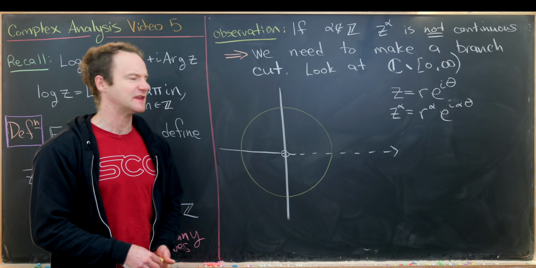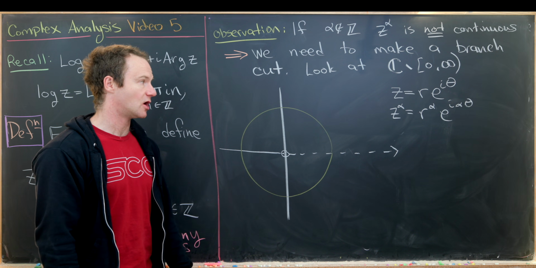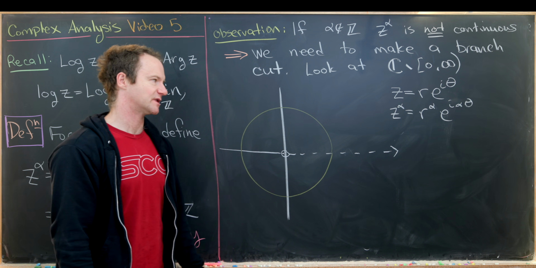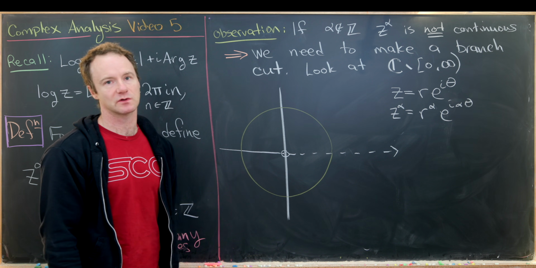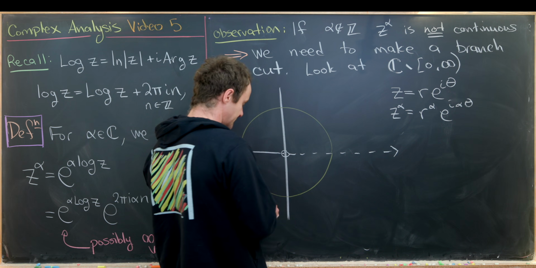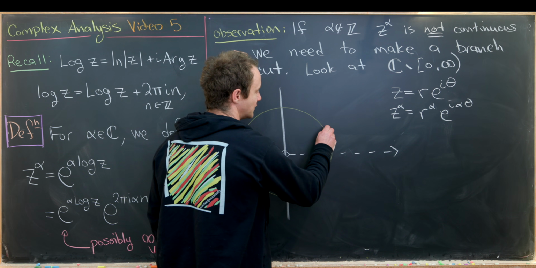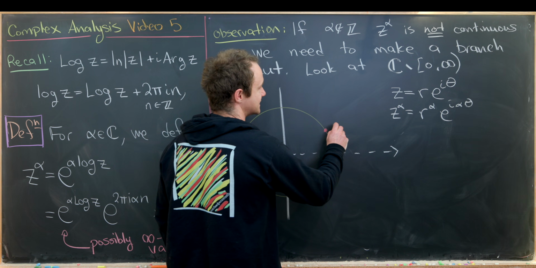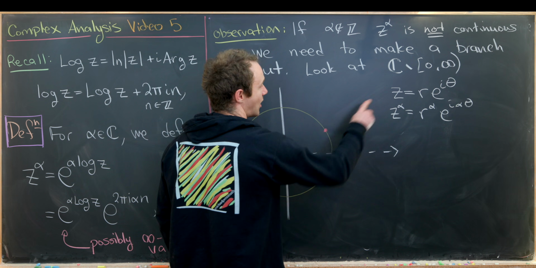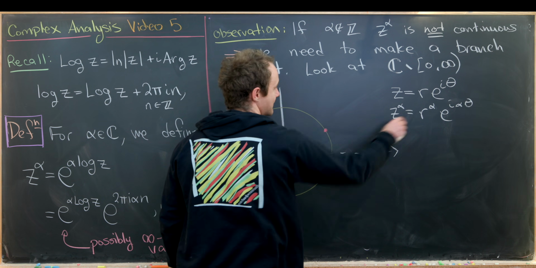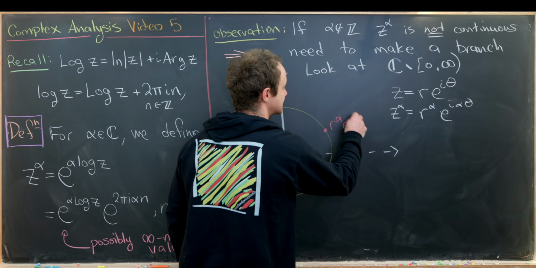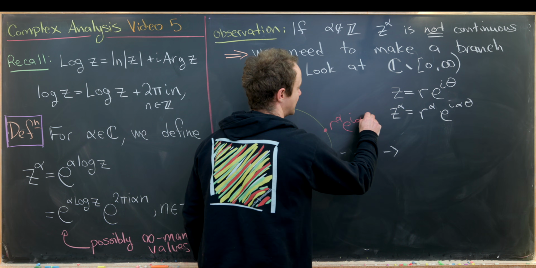And then let's look at the image of the points along this circle under this map. I won't draw them in another complex plane, I'll just notate that we're looking at the image. Okay, so for instance, if we start on the graph right here, something of the form r e to the i theta, that means its image is r to the alpha e to the i alpha theta.